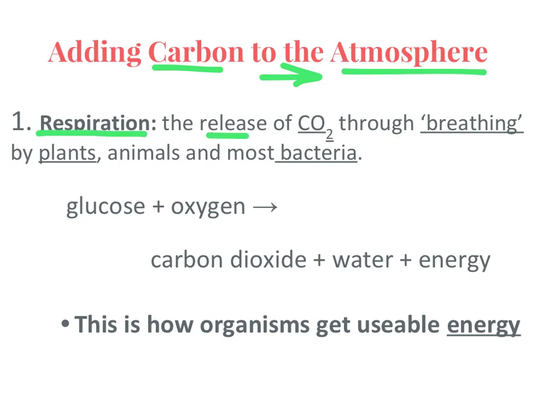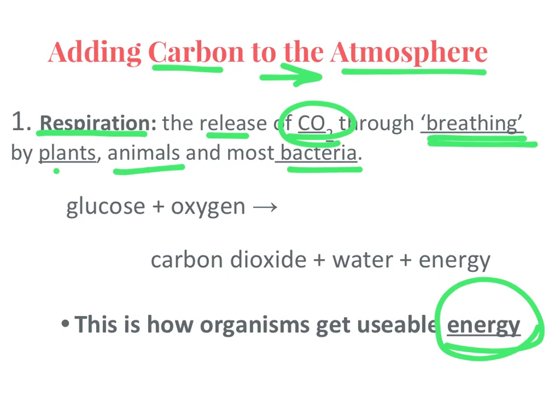Respiration is releasing CO2, again putting it back into the atmosphere through a sort of breathing, right? By both plants, animals, and most bacteria, right? Animals, thinking about humans, we know we take in oxygen, we release out CO2 into the atmosphere. This process of respiration is how we get our usable energy.